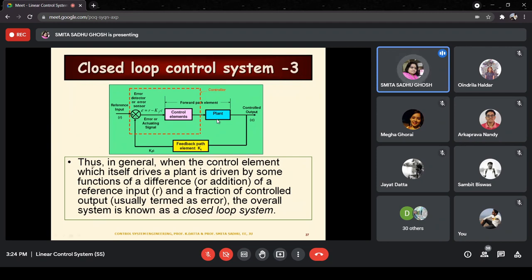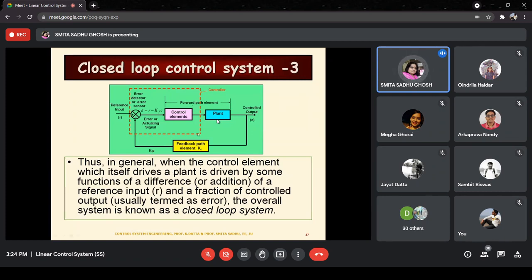Okay, coming to the next slide. Thus, in general, when the control element which itself drives the plant is driven by some function of the difference of the reference input and a fraction of the controlled output, the overall system is called a closed loop control system.